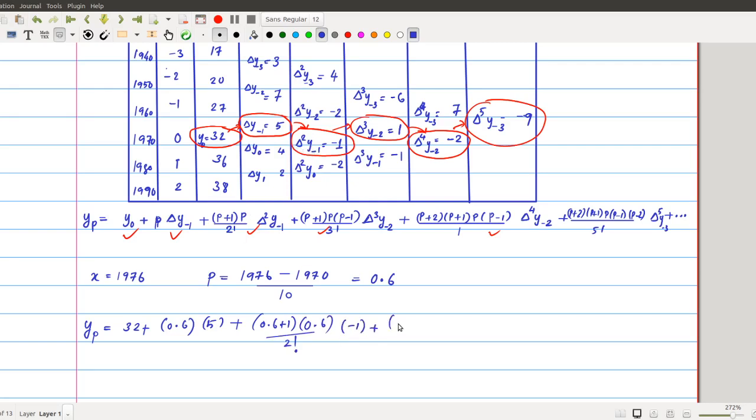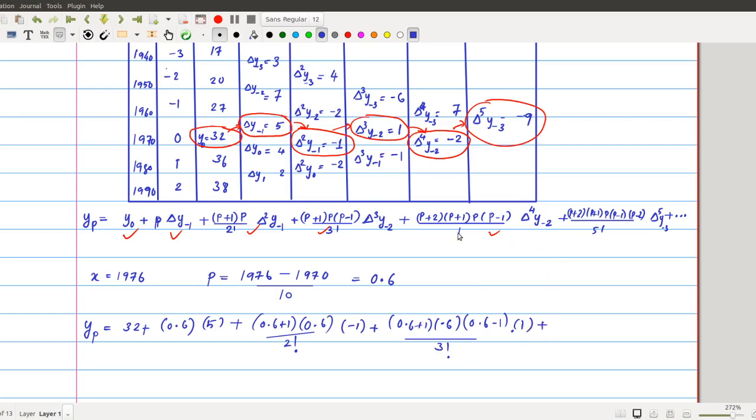Okay, now we have p plus 1 into p minus 1, 0.6 minus 1 divided by factorial 3 times this delta cube y minus 2, that is this one, that is 1 again, so you multiply it with 1.